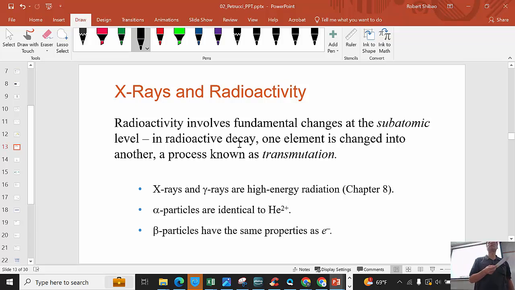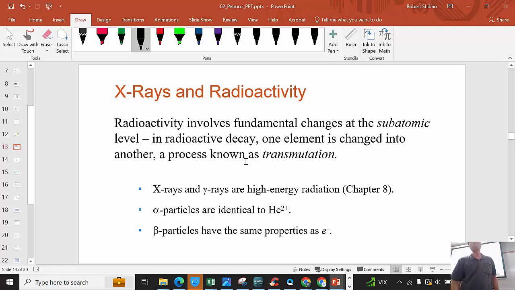Alpha particles cause a lot of biological damage. Even though you can protect yourself with a piece of paper, if you inhale alpha particles, because helium is a gas, it can cause a lot of damage there. Actually, I'd rather not be exposed to any of these. X-rays and gamma rays are quite penetrating as well. Beta particles, you can protect yourself with aluminum foil.